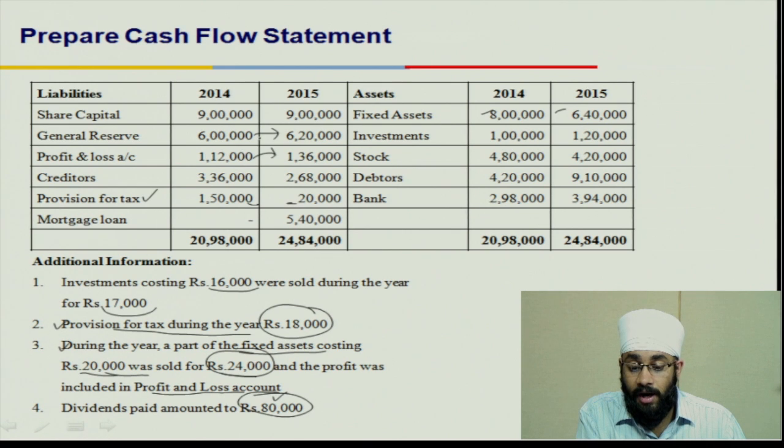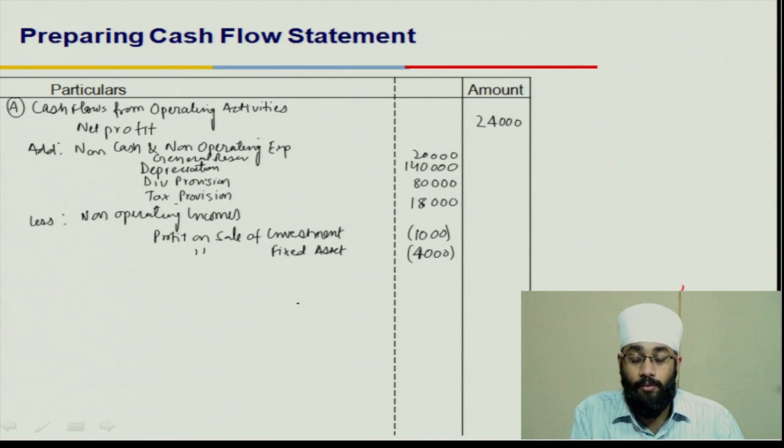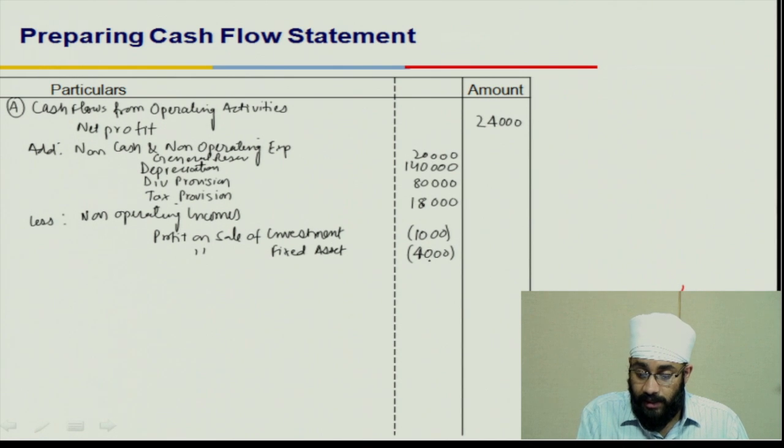So we need to add back 20,000 for general reserve as well. So I'm going to write general reserve here. General reserve 20,000 to be added back. Alright, so these are the items which we need to adjust for to calculate the operating cash flows.